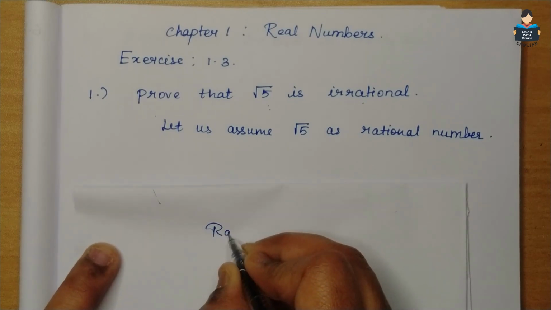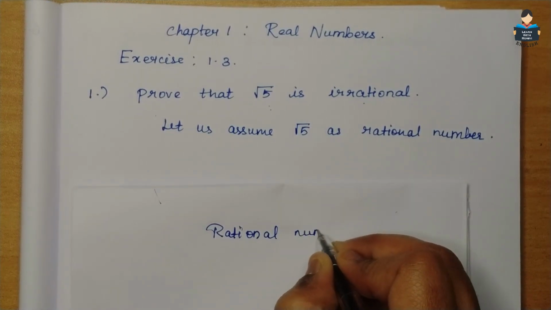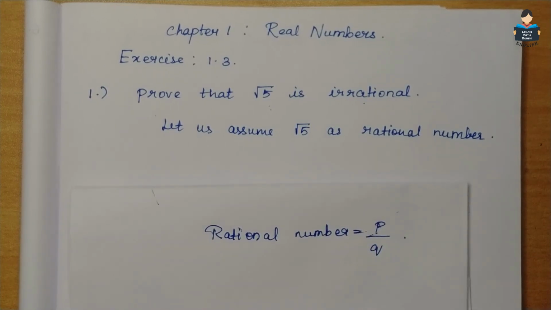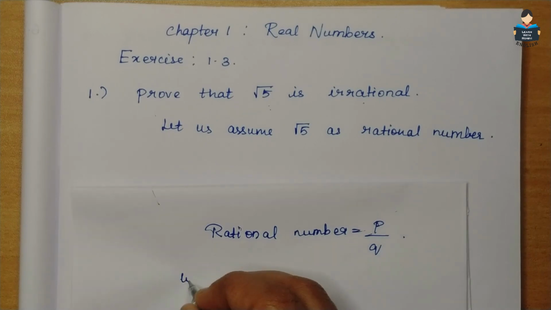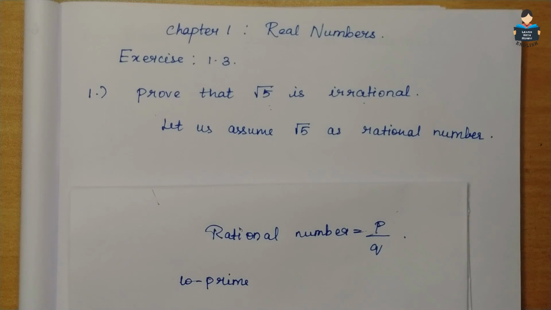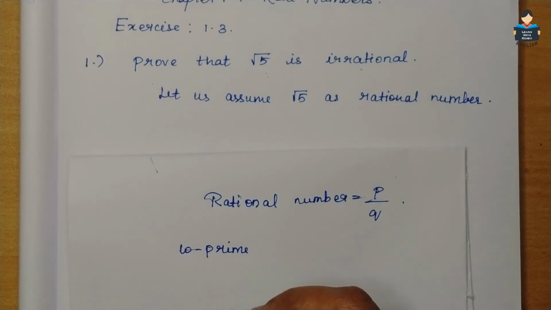So a rational number will be of the form P by Q. And we are going to see a term, co-prime. Co-prime is when two numbers have their highest common factor as 1, they are said to be co-prime numbers.